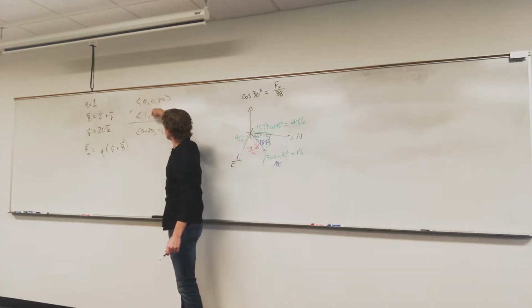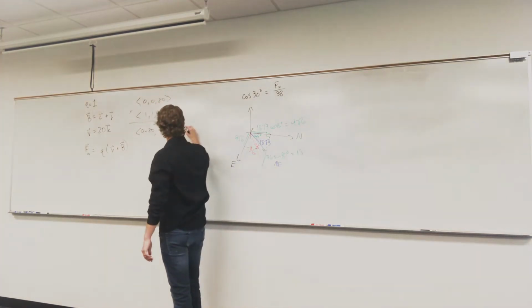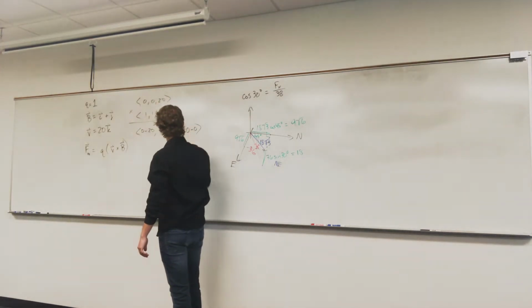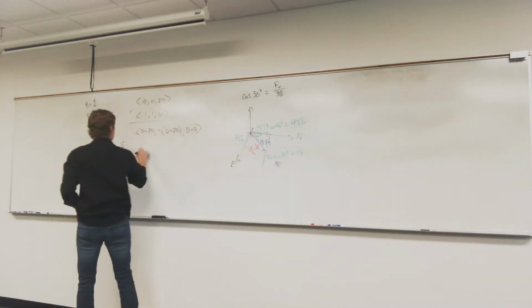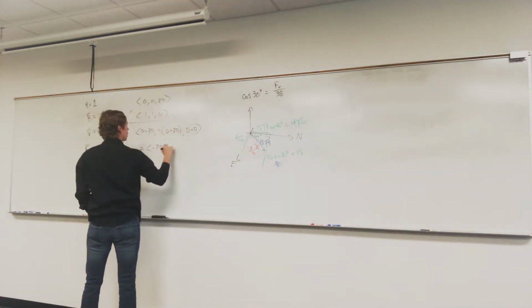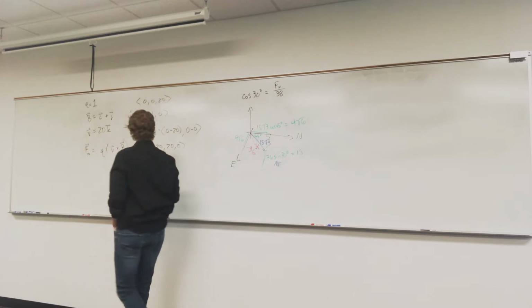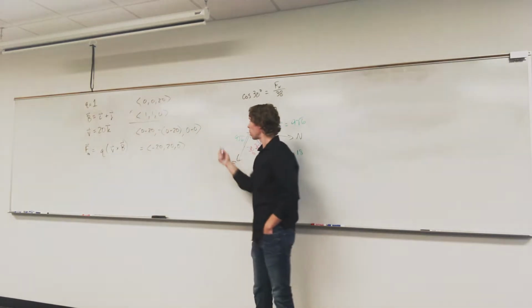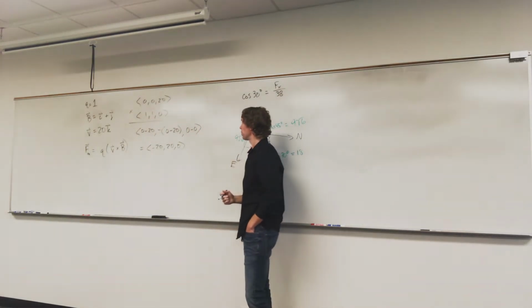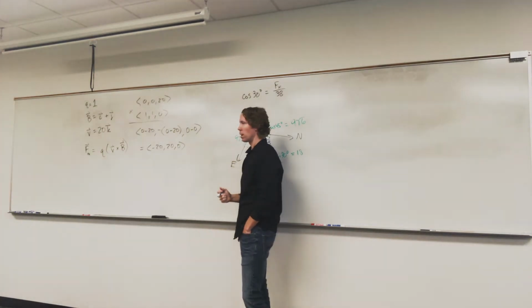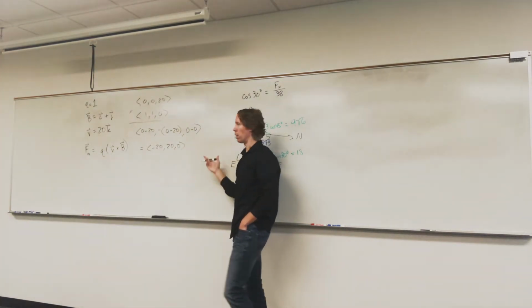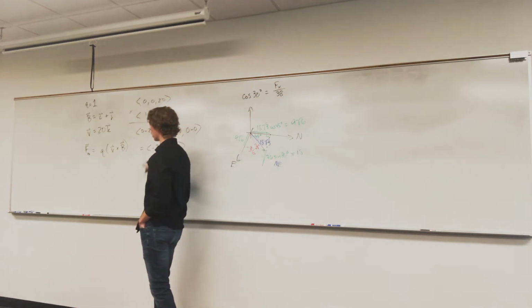Third column, we get 0 minus 0. So this is what V cross B looks like. And then the charge is 1, so I don't have to change this any. And this is the magnetic force.